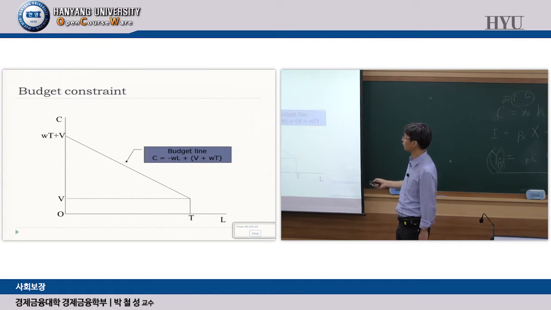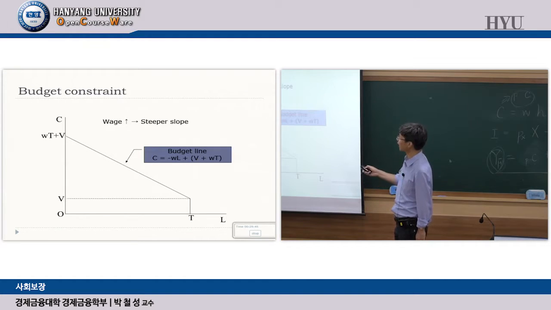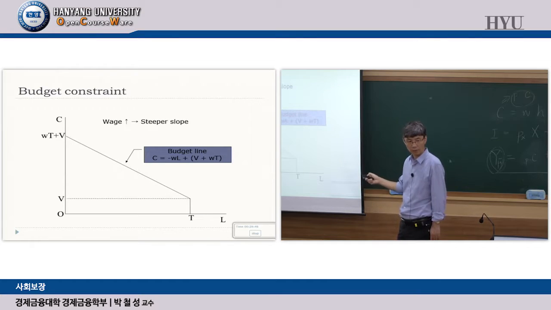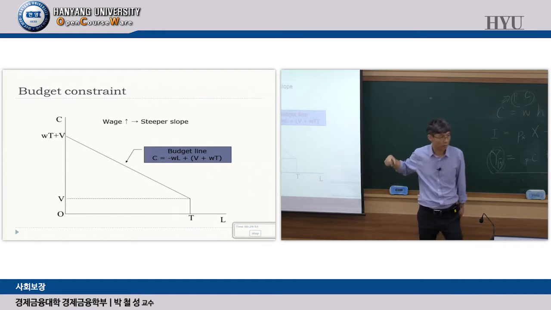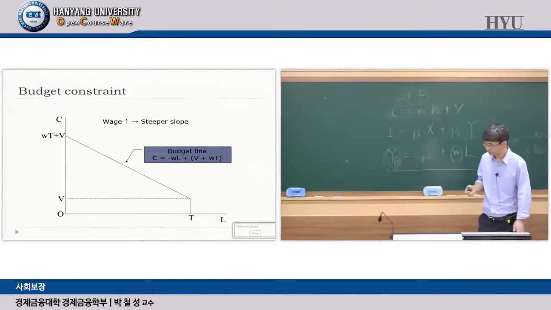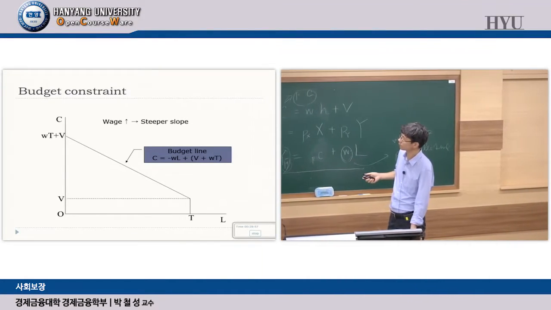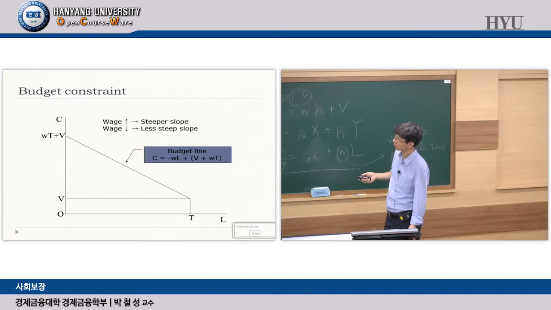The important thing is that you should realize that the slope is W. So if the wage rate is high, then the line should be steeper. If the wage rate is lower, then the line should be flatter. Okay, get it?